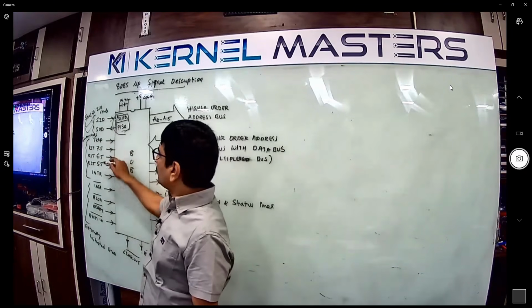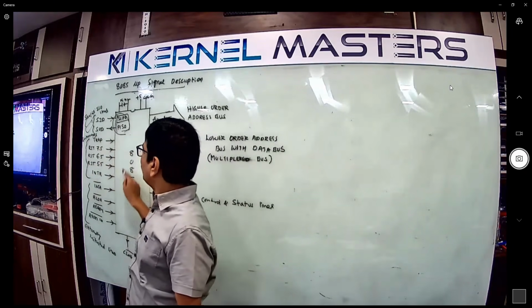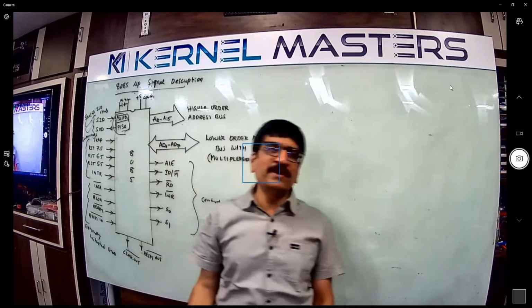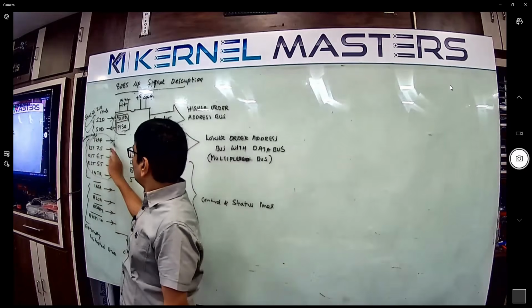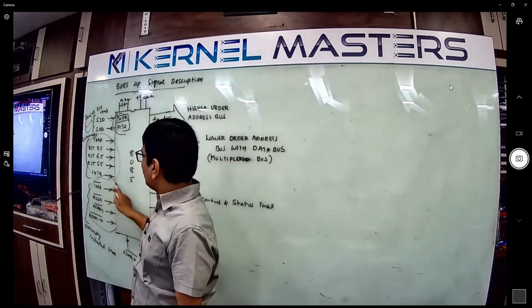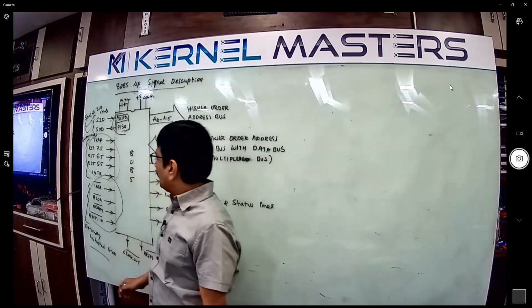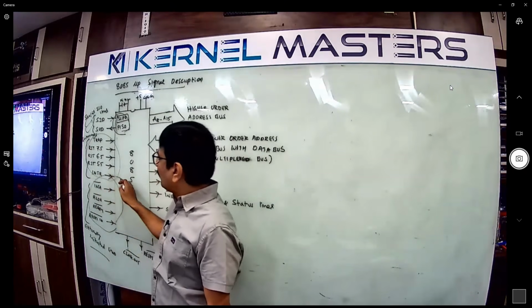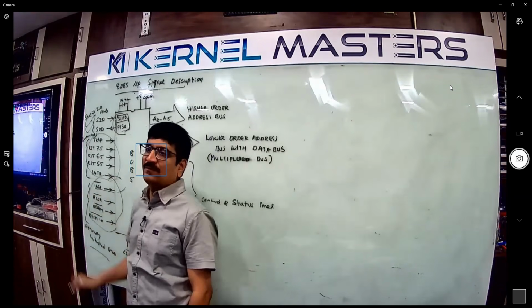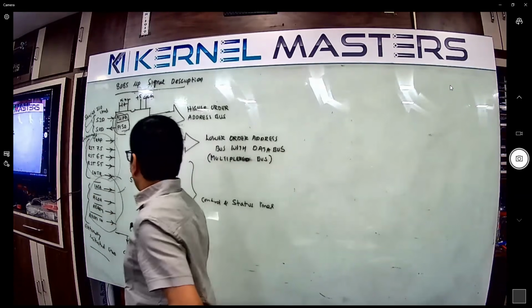Next, as I just told, how many hardware interrupts does the 8085 microprocessor support? Five hardware interrupts, nothing but five pins. We'll discuss interrupts more clearly next. They are called externally initiated signals. Whenever you receive an interrupt, the microprocessor gives an acknowledgement also, INTA.